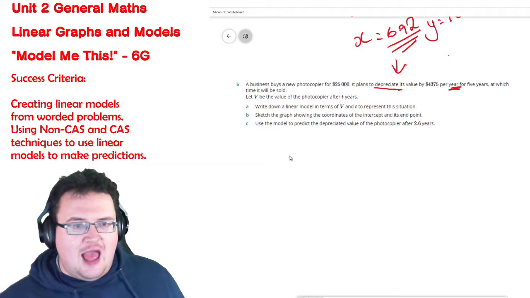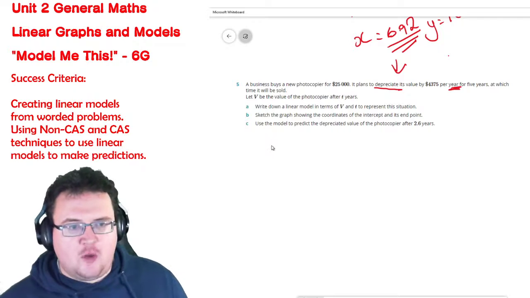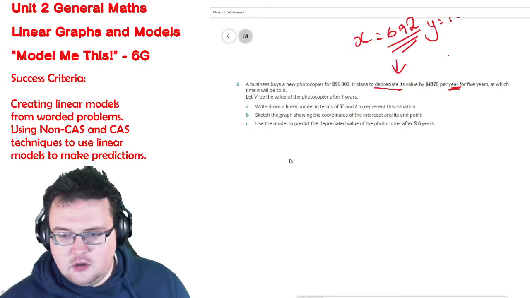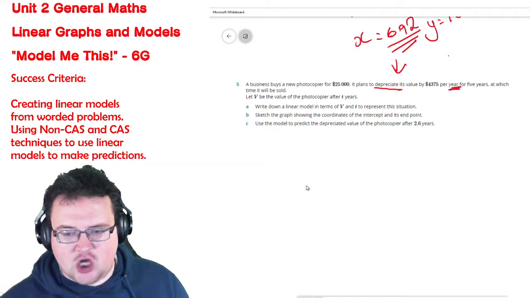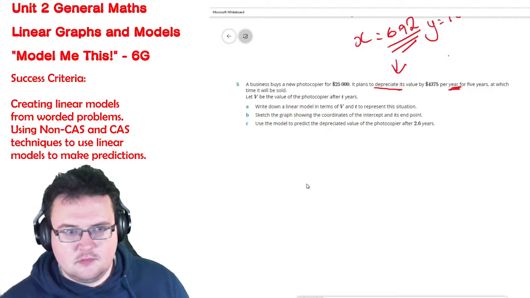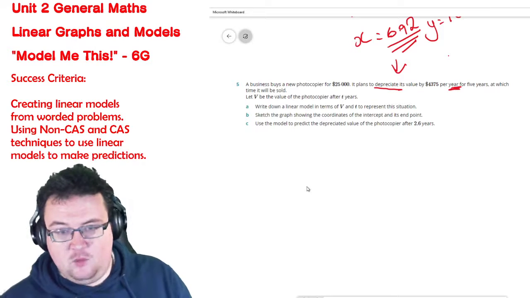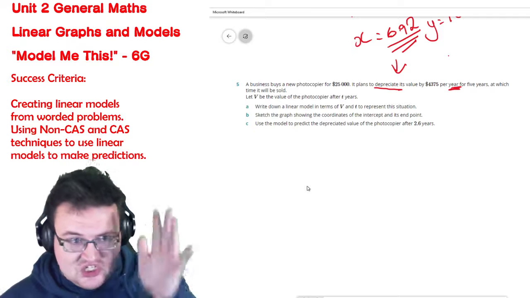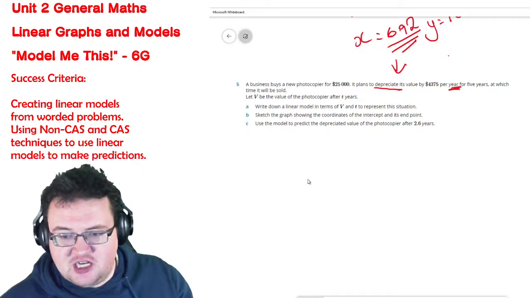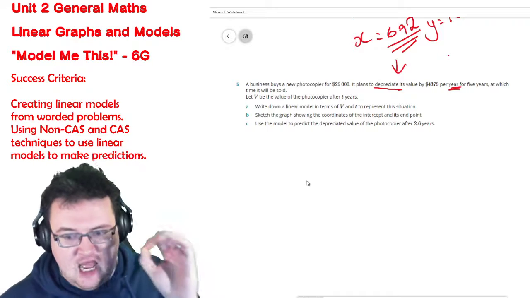So, when they buy the photocopier, how much time has passed? When they buy it at the start, when they've bought it originally, how much time has passed? Nothing.